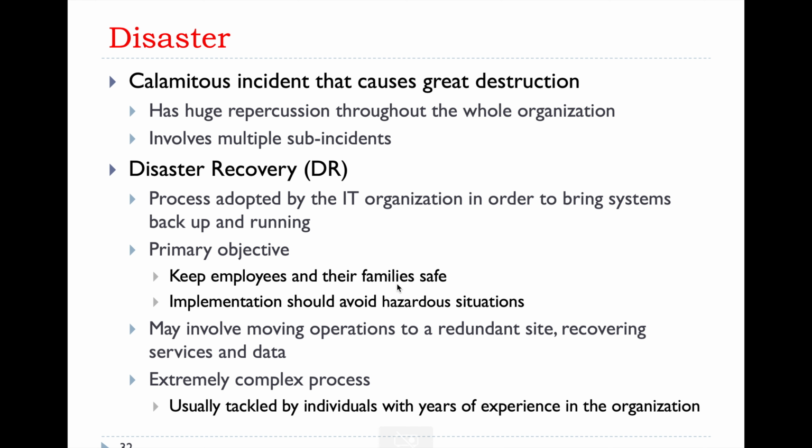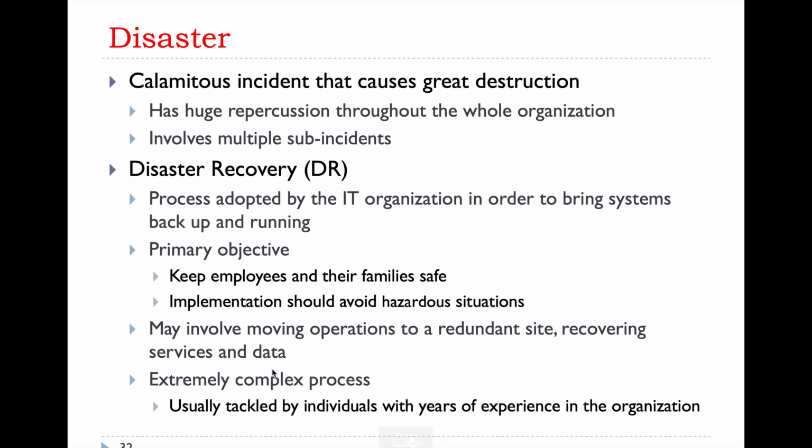Because as I said, it doesn't only affect the IT infrastructure. It could affect people. For example, COVID-19 affects people and their families. So the primary objective when we want to do a disaster recovery is to keep the employees and their families safe and do implementations that avoid hazardous situations. So it may involve moving operation to a redundant site, recovering services and data.